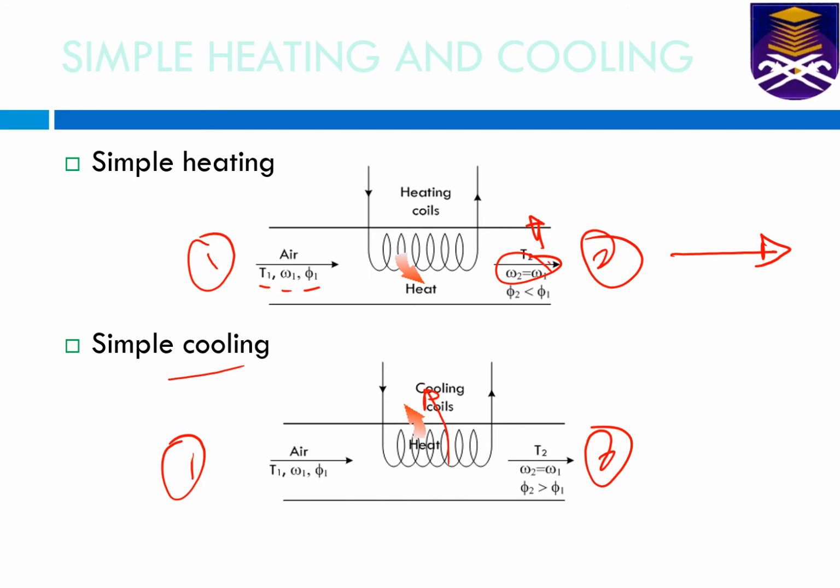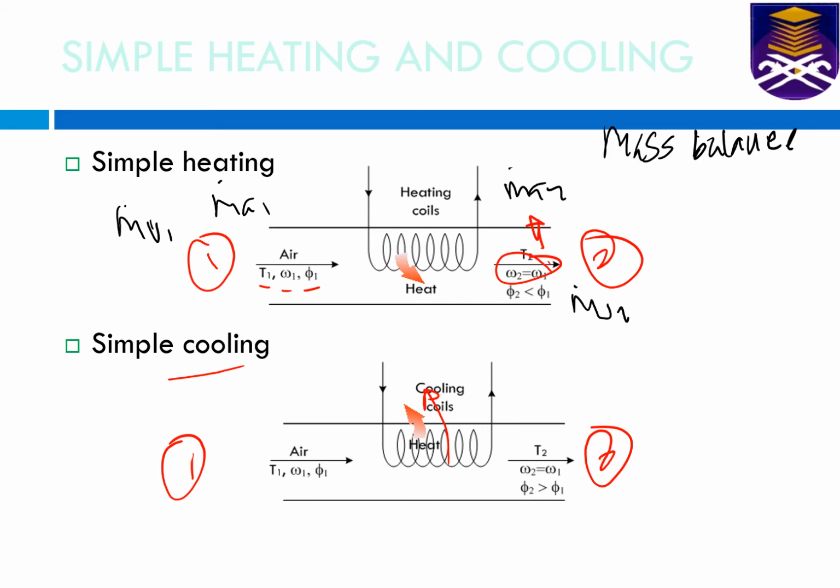Firstly, we need to look at the mass balance. Here we have m dot a1, m dot a2, and m dot v1, m dot v2.